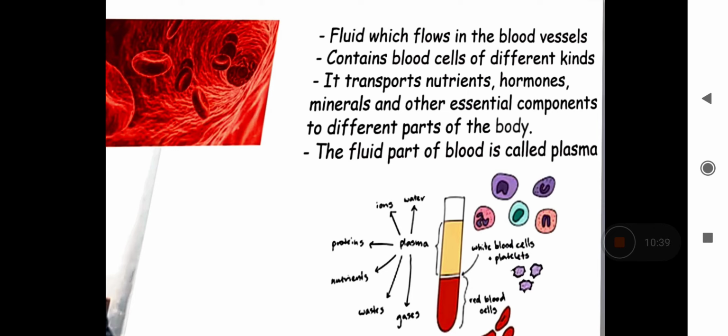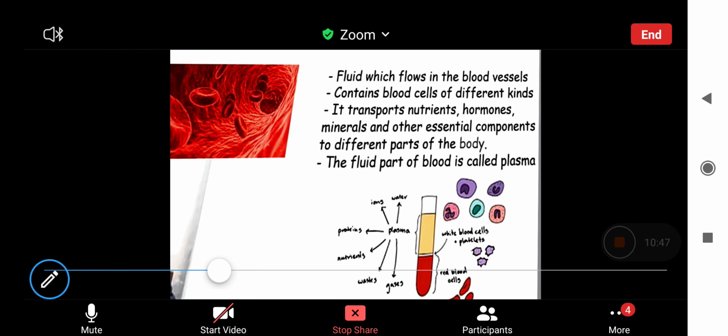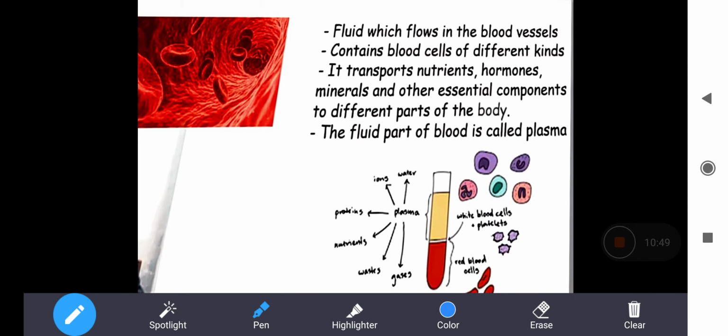So let's talk more about blood. Blood is having a liquid part which is called plasma. So here you can see the liquid part, this yellow portion, that is the liquid portion of the blood called plasma.